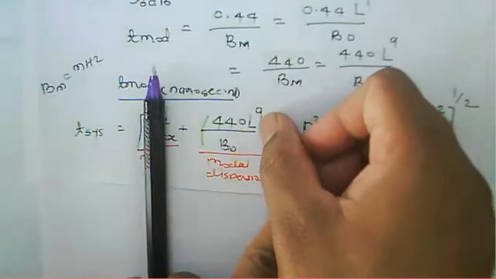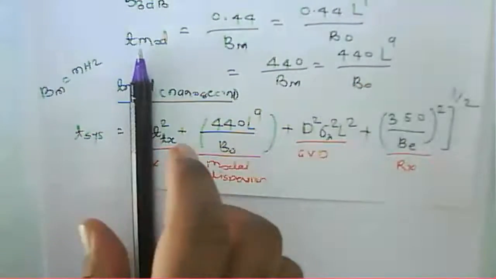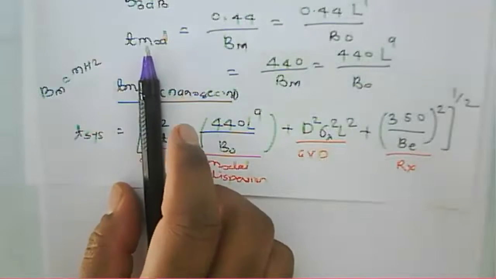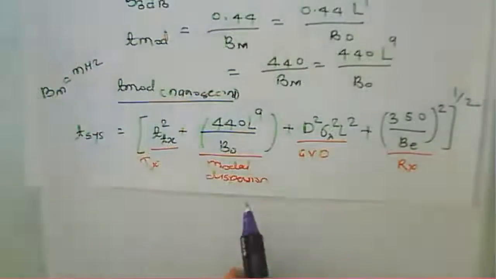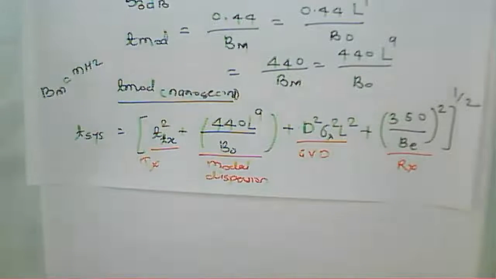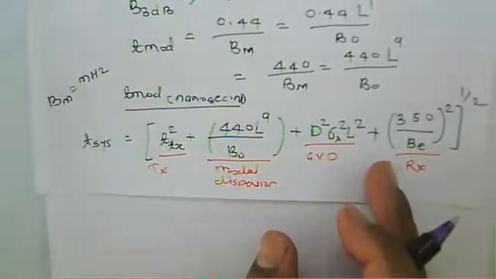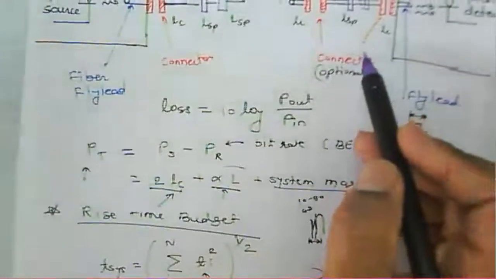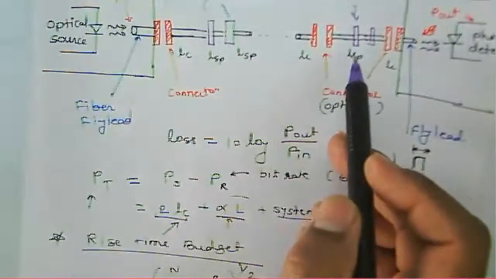So even if we obtain the rise time budget of an optical link, it totally depends upon the length of the fiber. While designing the optical fiber link, we should know, for a given length of fiber, what will be the minimum power required at the receiver, and what will be the total rise time budget.